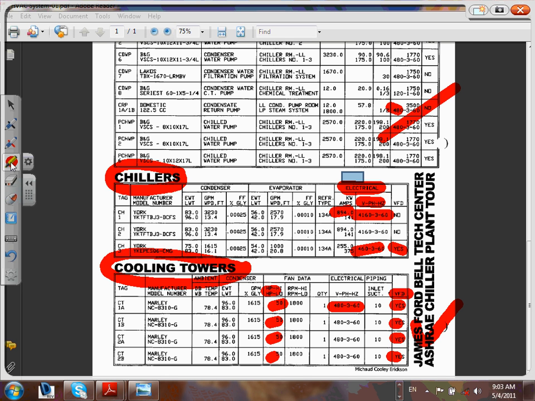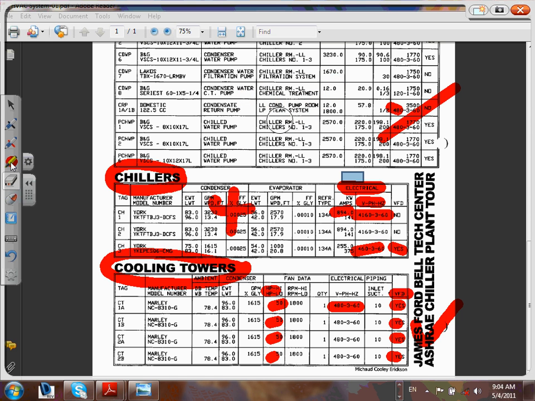So all these chillers are HVAC. We size them based on Article 440. The pumps and cooling towers are Article 430.